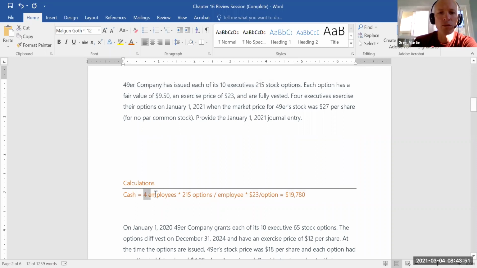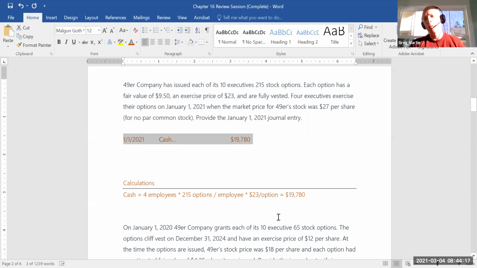And we know that 4 employees exercise all of their options, which means in total, whatever 215 times 4 is, that's the total number of options that have been exercised. The price to exercise the option is $23. And so, of course, we just multiply through, which means that for these employees to exercise their options, they would have had to pay the company $19,780. And so that's the first part of the journal entry.